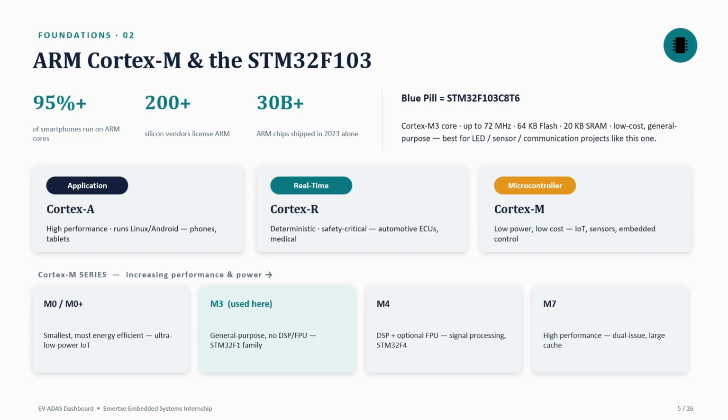In the lineup, we have the Cortex-A, which we generally use for Android systems and application purposes. We have the Cortex-R, which is most efficient for real-time operations. And for our project, we are using the Cortex-M. The Cortex-M3 core plays an important role.